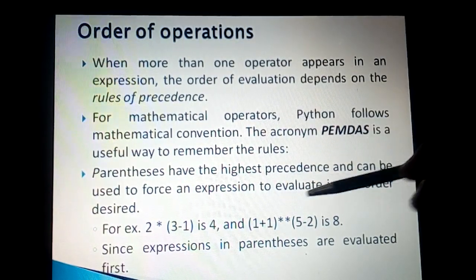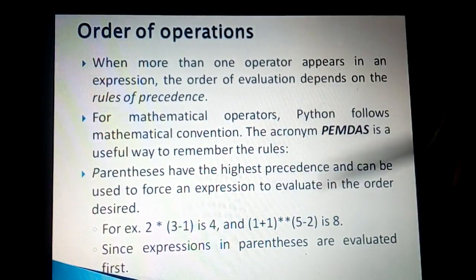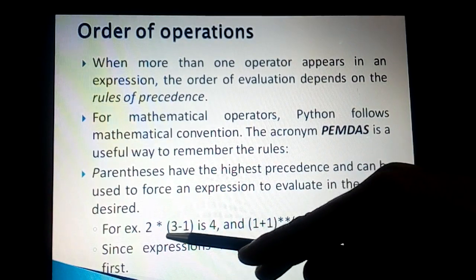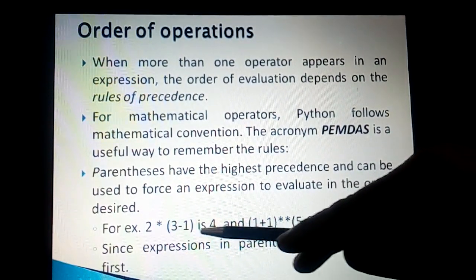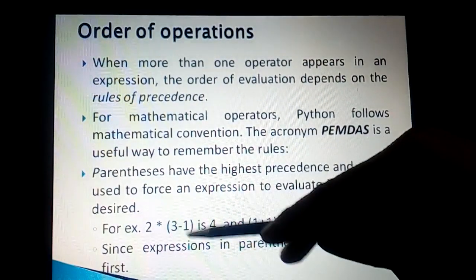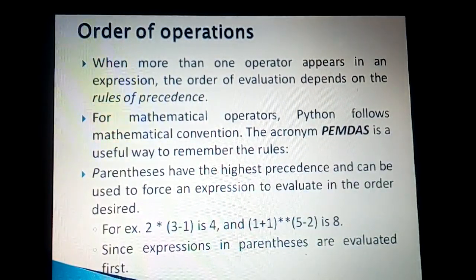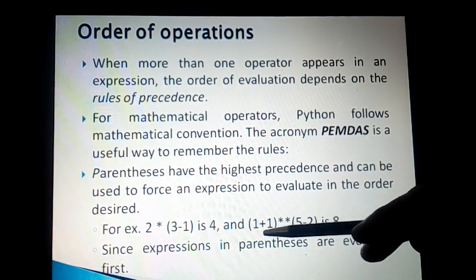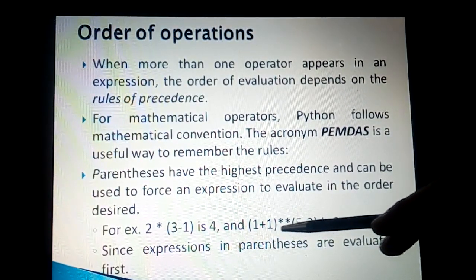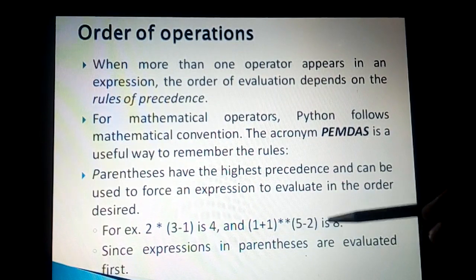So when an expression has different operators, which will be evaluated first? In this case, for example, 2 asterisk bracket 3 minus 1 is 4, because brackets will be evaluated first. 3 minus 1 is 2 and 2 into 2 is 4. This you know very well. But exponent has the next highest precedence, though it is again followed by parenthesis.